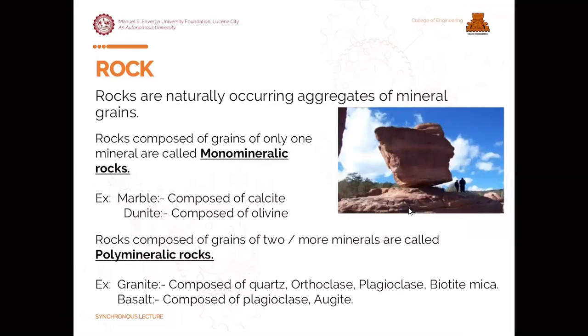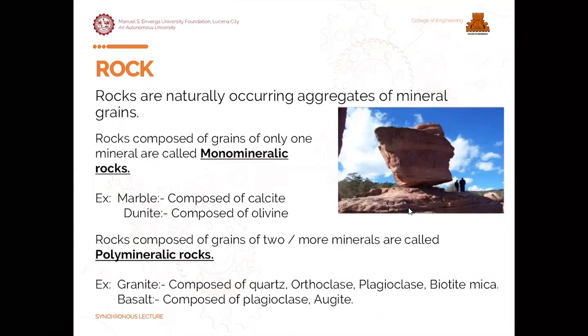Rocks are naturally occurring aggregates of mineral grains. A rock composed of grains of only one mineral is called a monomineralic rock. Examples are marble, which is composed of calcite, and dunite, which is composed of olivine. Rocks composed of grains of two or more minerals are called polymineralic rocks.